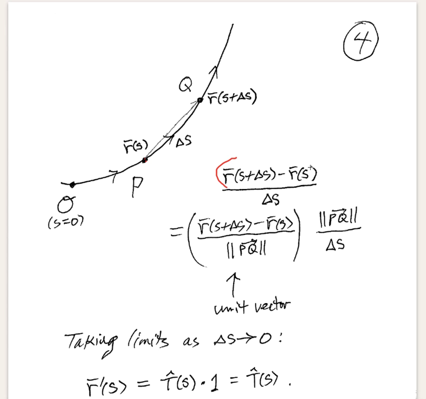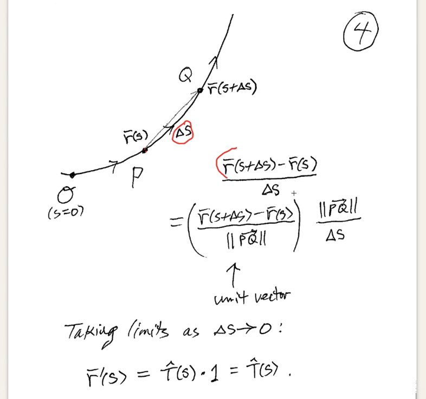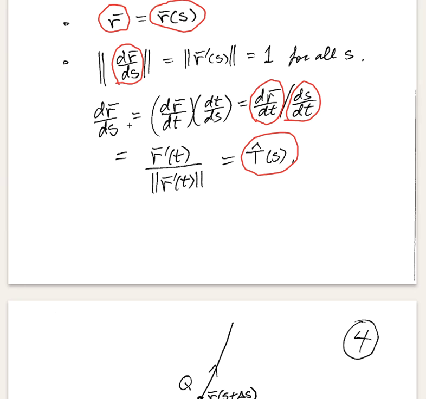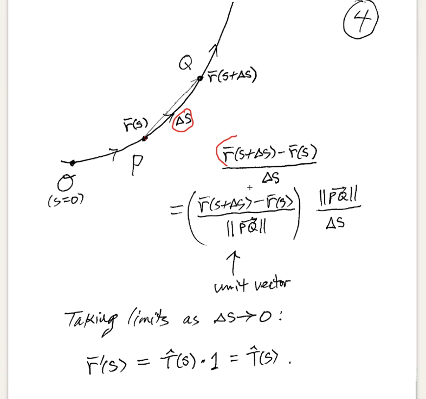And then I'm taking that vector and dividing it by the actual value of delta s. We're interested in taking the limit of this as delta s goes to 0, because that's my definition of derivative. I would take the limit as delta s approaches 0 here.